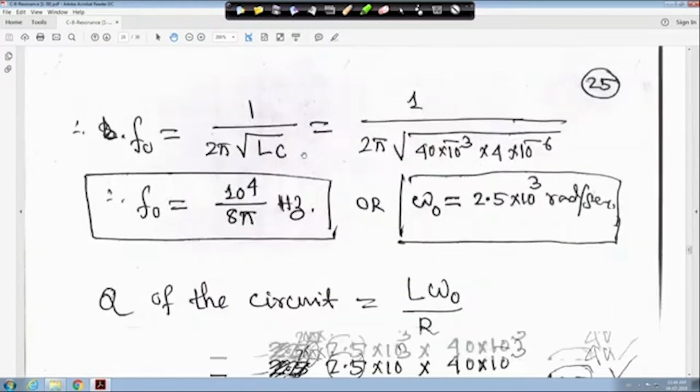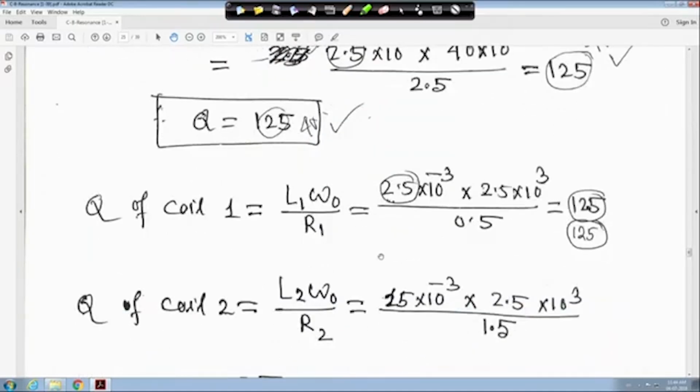So here let me correct it, L1 is equal to 25, not 2.5. So in this case the answer is not 12.5, it will actually be 125, right? Just check it: it is half, so it is 25, this is cancelled, and 2 means 5, so the answer will be 125. So this is not 12.5 because it is 25 millihenry. By mistake I took it, but this is my class note, everything is corrected actually, right?